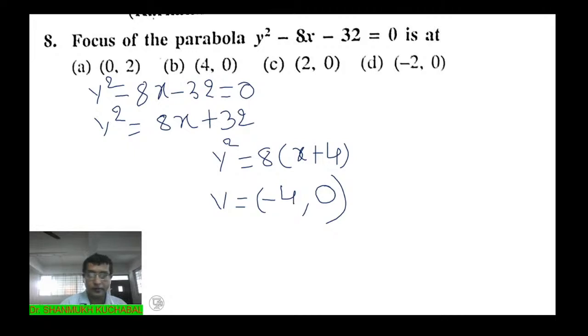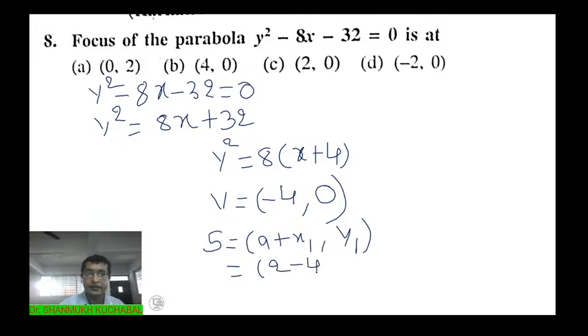Okay, so we'll write focus S equal to a plus x1 and y1. Then a we will get as 2, and x1 is minus 4, and y1 is 0.